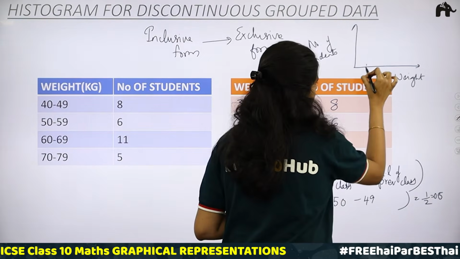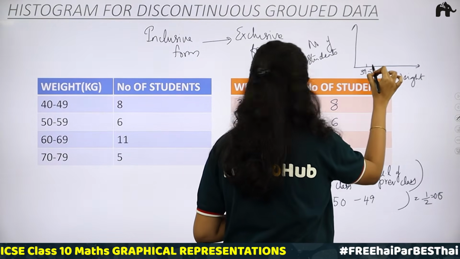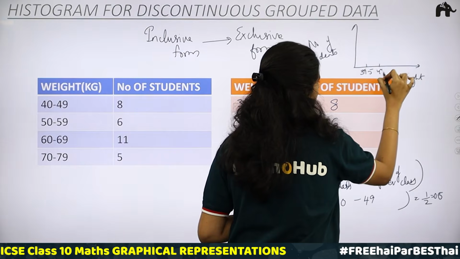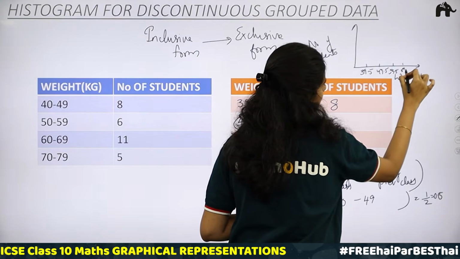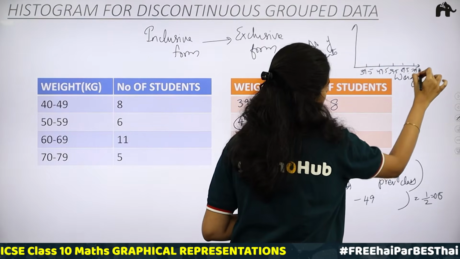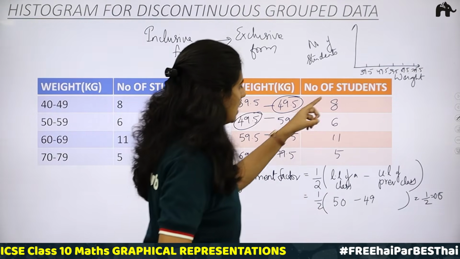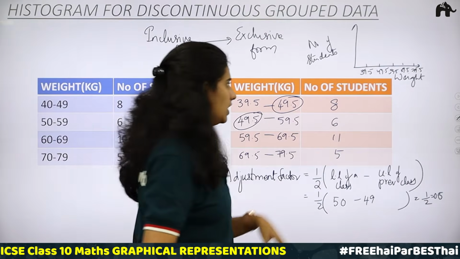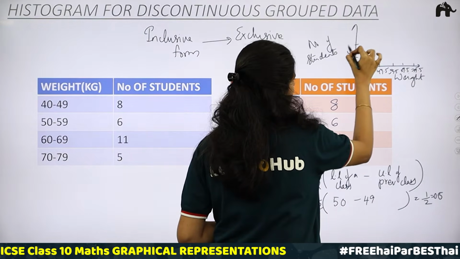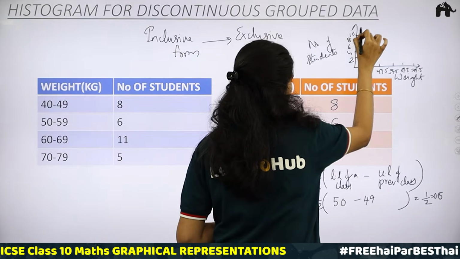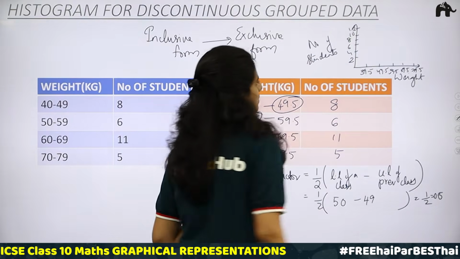So 39.5, then 49.5, 59.5, 69.5 and 79.5. Then the frequency values are 8, 6, 11, 5. 11 should be included, so let us take 2, 4, 6, 8, 10, 12. Up to 12 is enough.